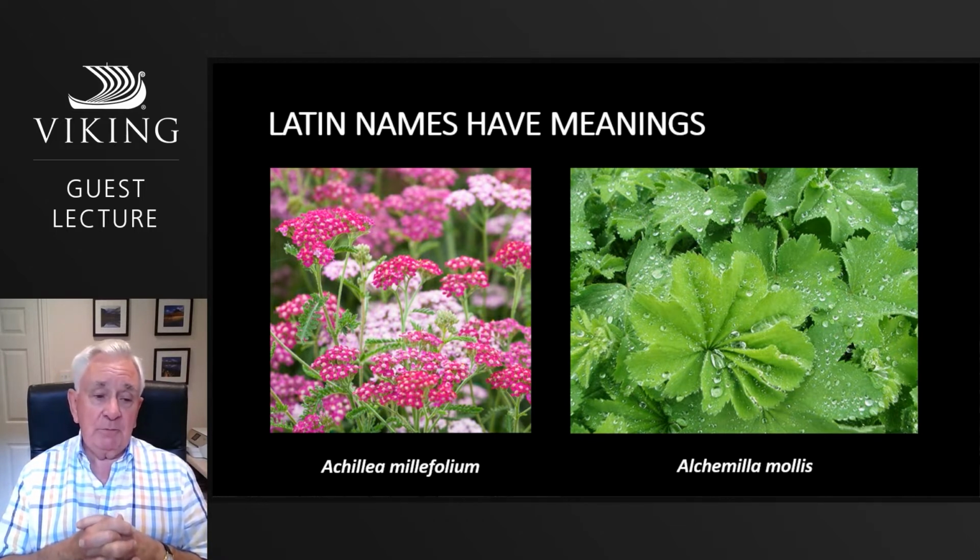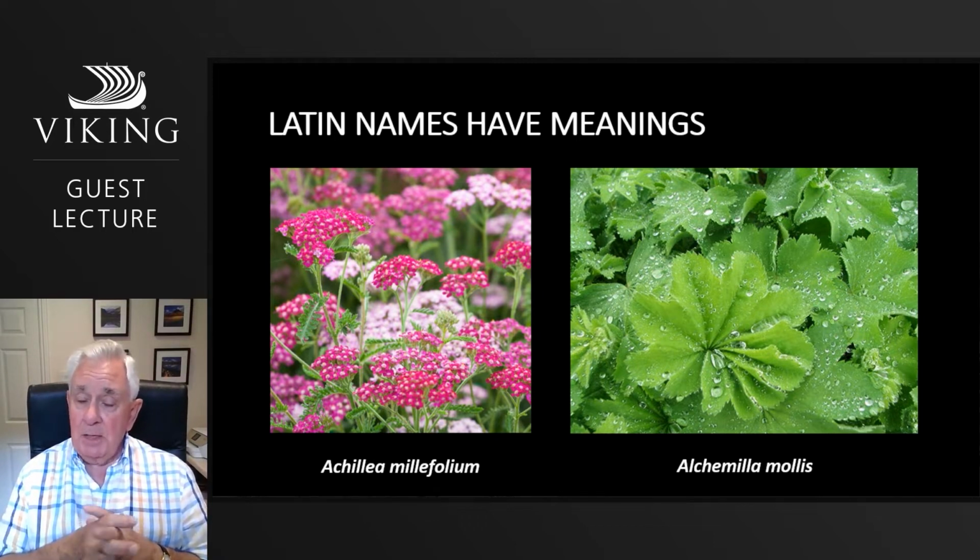Millefolium comes from the fact that the leaves are very divided, so lots of little leaves, millefolium. The plant on the right, Alchemilla mollis, mollis just means soft. The petals and the leaves are very, very soft.